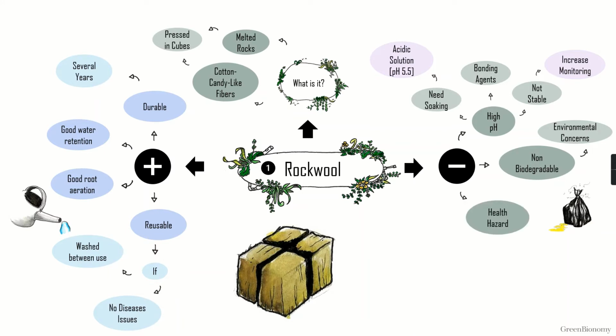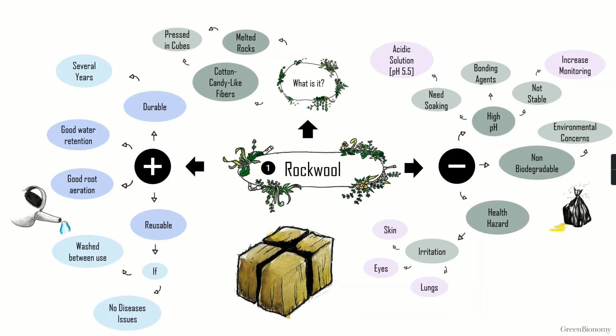And also, these bonding agents and the way they manufacture it, and especially the very thin fibers that give this wool effect to the Rawwool, they can end up in your lungs, in your eyes, and in your skin, and all of that causes a certain irritation.